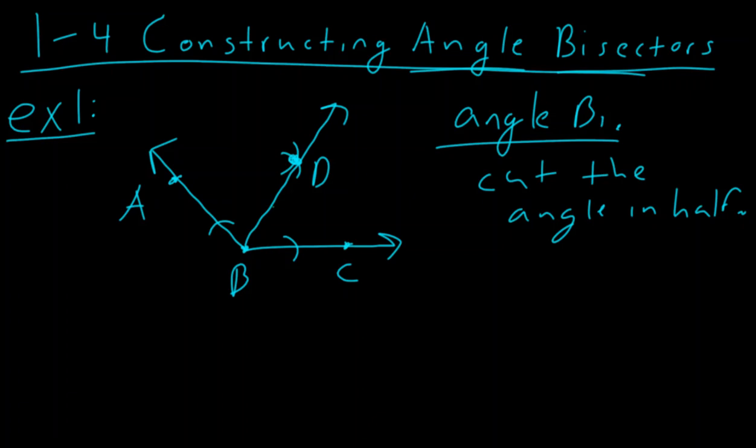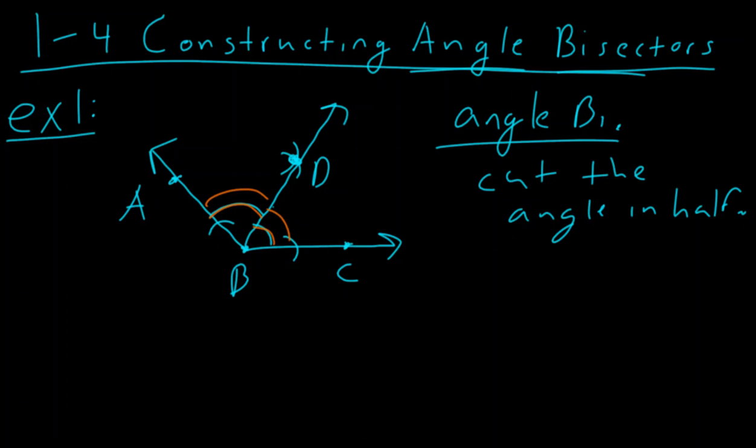If this is cutting the angle in half, that means that this angle is congruent to that angle. Or, let's use a different color. Instead of using one arc, I could use 2 arcs here. And of course, if I use 2 arcs there, well, I need 2 arcs there. Remember, the same number of arcs indicates congruency.